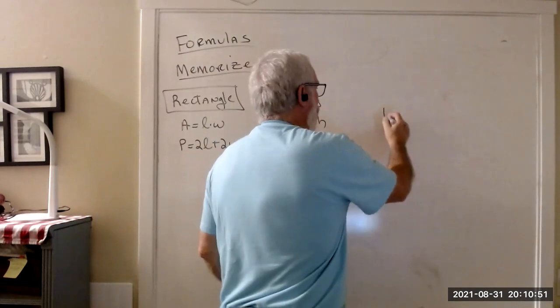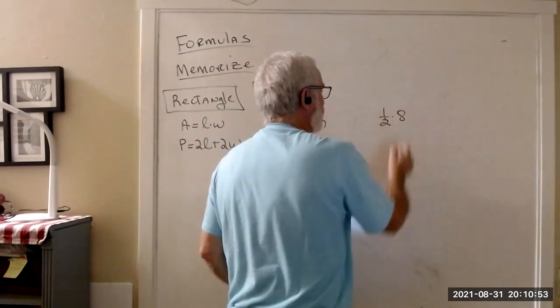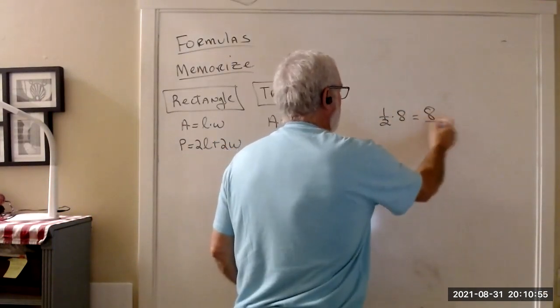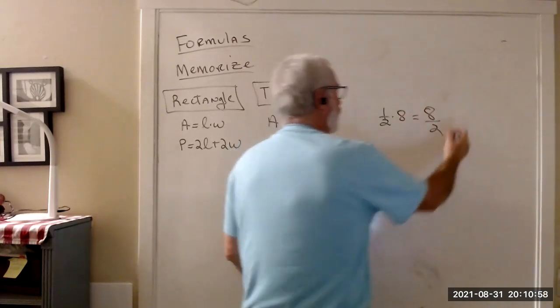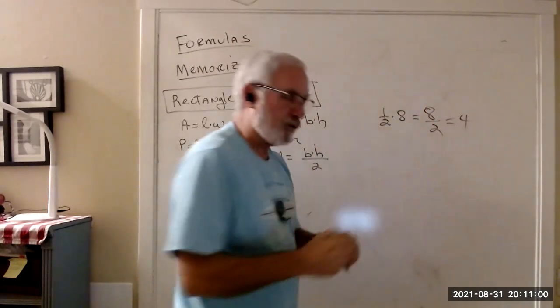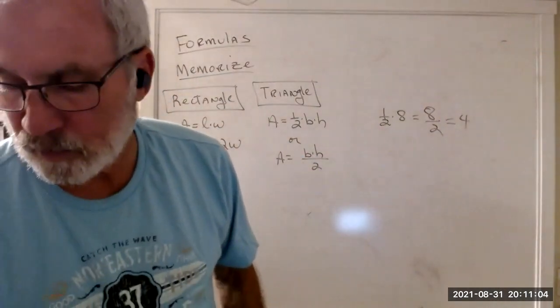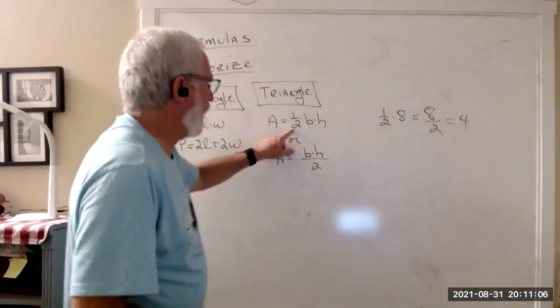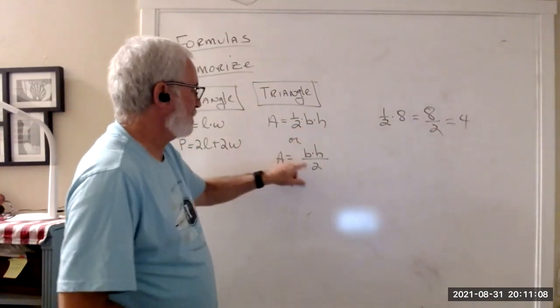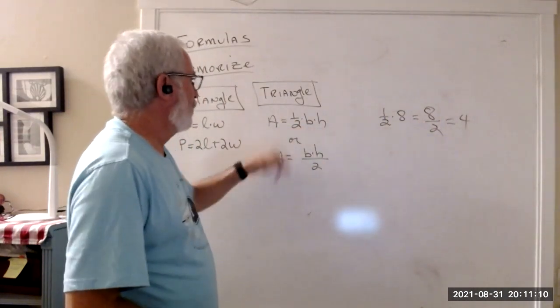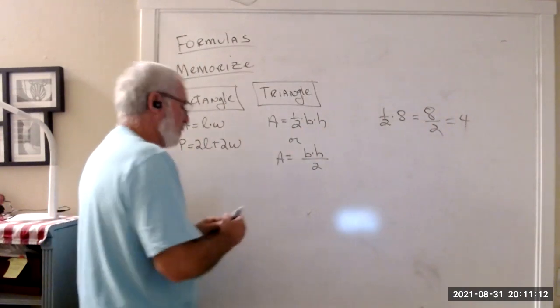If you take 1/2 times 8, or you take 8 divided by 2, it doesn't matter. The answer is 4. So whether you do 1/2 times base times height or base times height divided by 2, those are both for the area of a triangle.